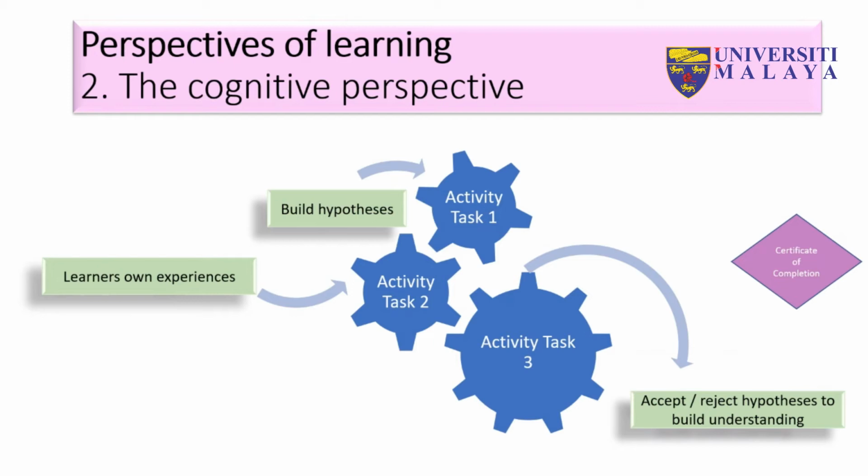So a certificate of completion means you can get it after you have completed tasks and after you have shown the processes that you went through. So you see, this is a very different format instead of right and wrong. It is more of a process-based certification.